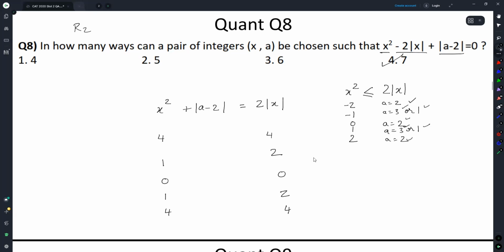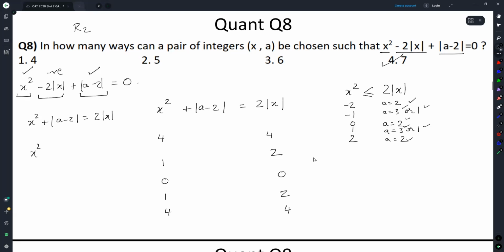A little unclear. See this. The expression was x square minus 2 mod x plus a minus 2 is equal to 0. Now my trigger was this is positive, this is positive, this is negative. I know this has to be positive, this has to be positive, this has to be negative. So instead of treating this as negative, I took it to the other side. This has to be equal to 2 mod x. Now, x square plus something takes me to 2 mod x.